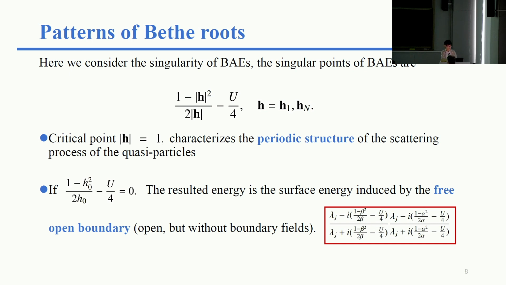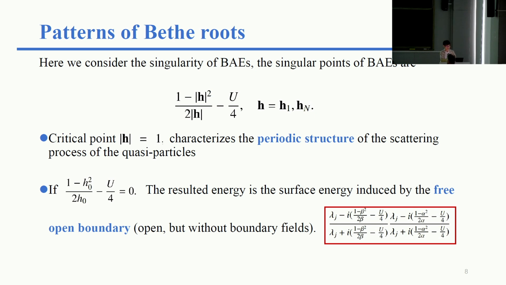The first critical point is the modulus of h equals 1. h is the boundary parameter. If the modulus of h equals 1, then the BAE will behave like the periodic structure of the scattering process.